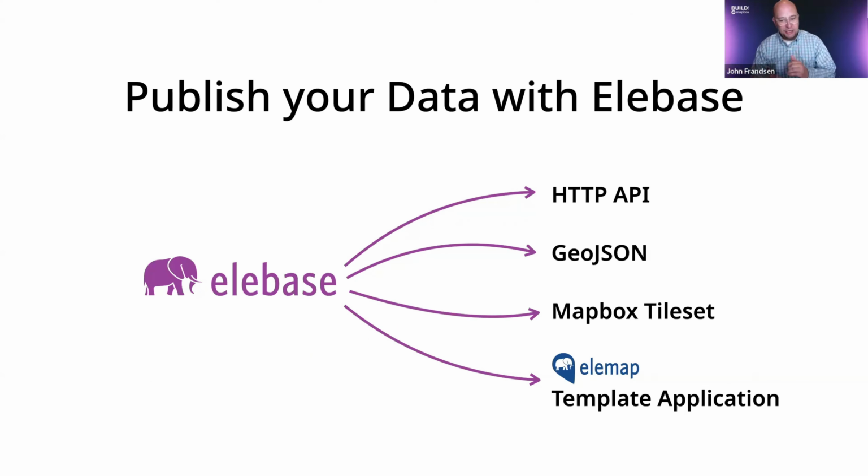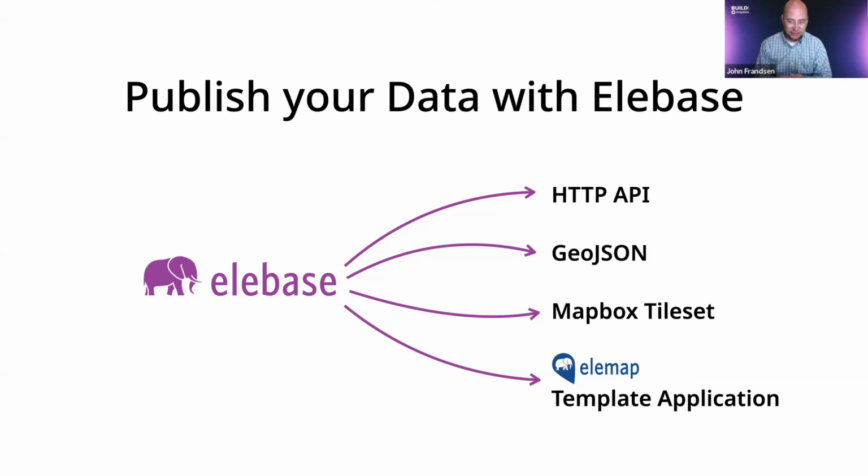One of those ways is with the HTTP API. As a very flexible API, you can build entire robust interactive applications and websites with that. You can export it as a set of GeoJSON. You can publish it into Mapbox as a tile set with the layers already pre-baked for you and all of the property data that will come along with that.